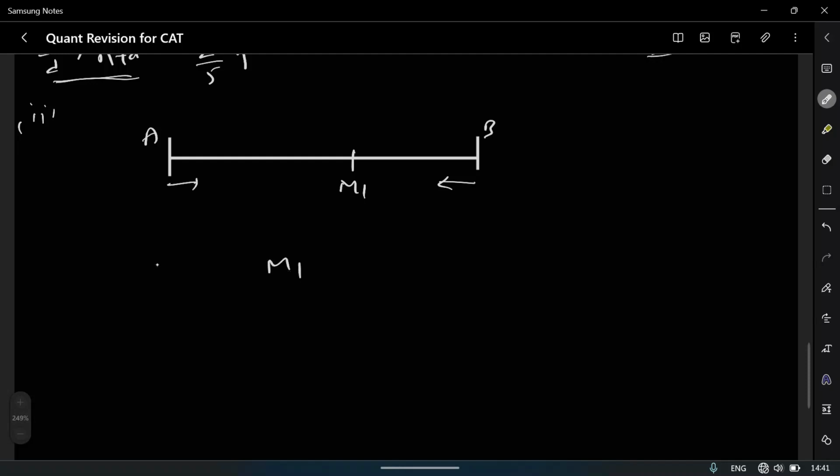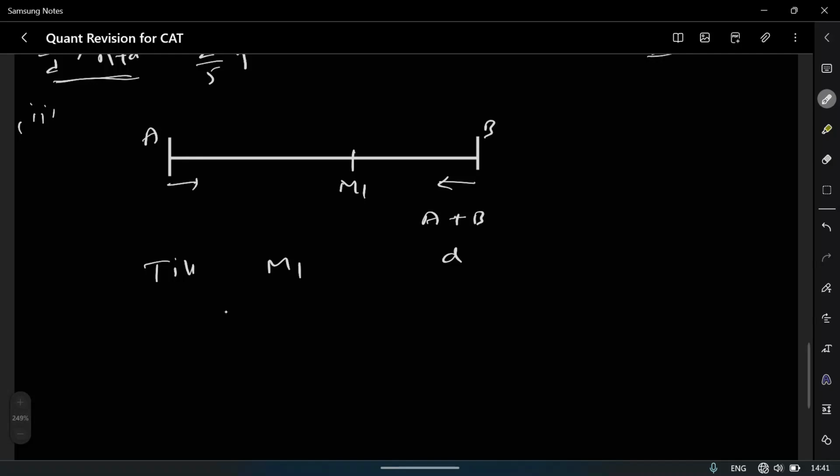Till M1, the total distance covered by both A and B together is D. M1 is the first point of intersection.